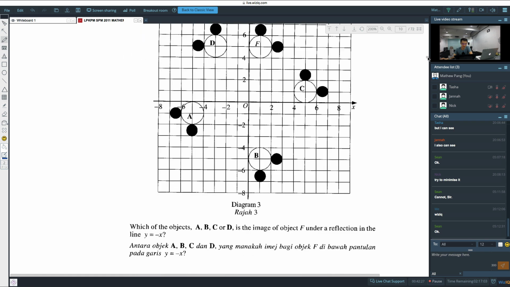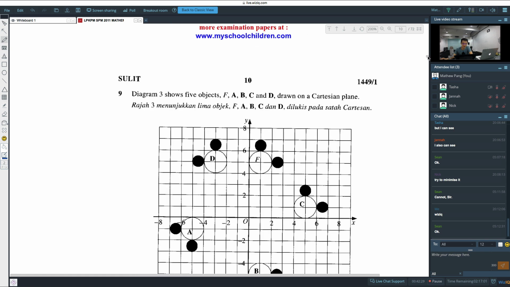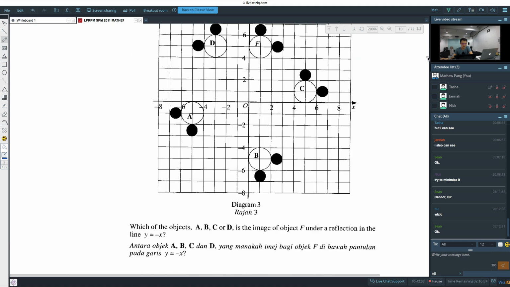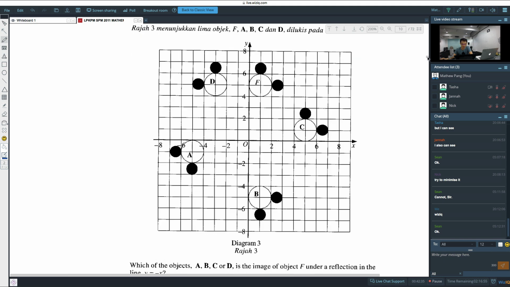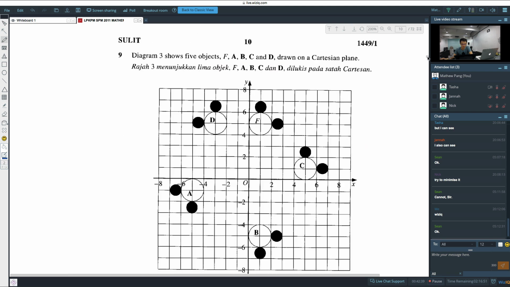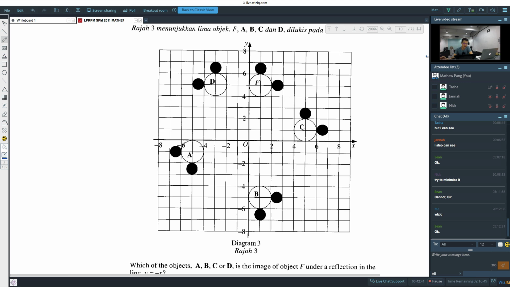Okay, transformation. So AB's 5 object, you have F, A, B, C, D drawn on the Cartesian plane. Which of the objects A, B, C, D is the image of F under reflection y equals negative x? Of course the first thing we do is draw the line y equals negative x.